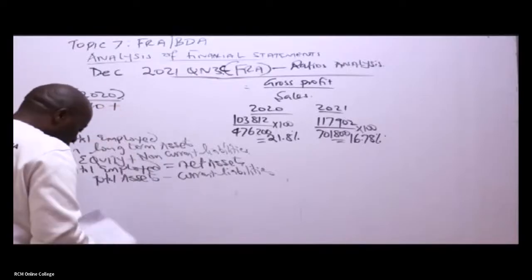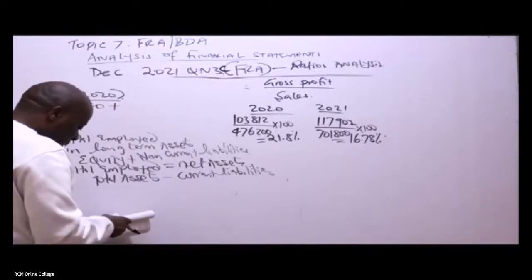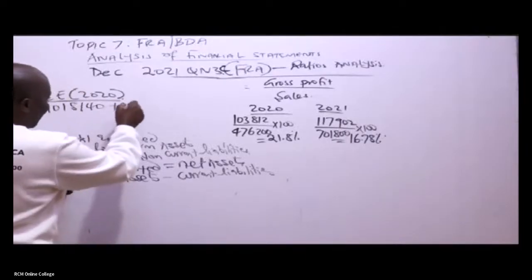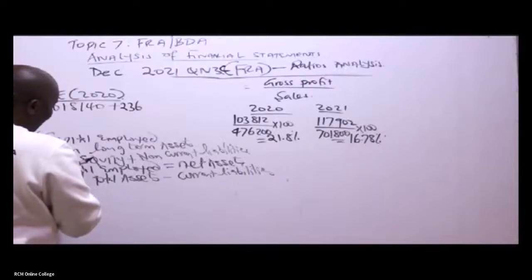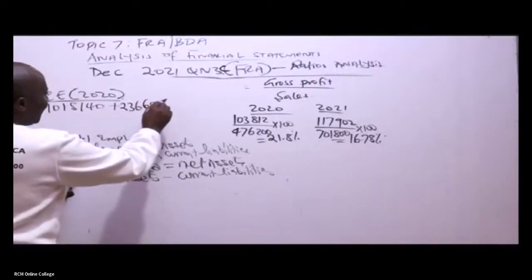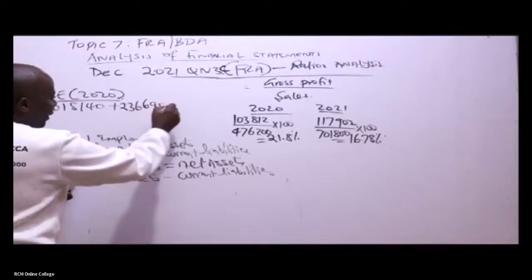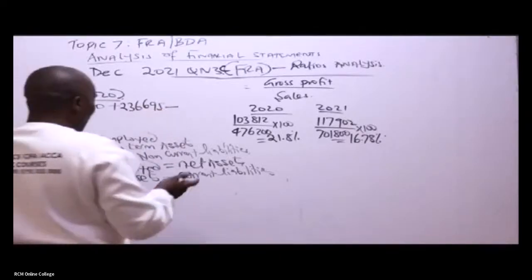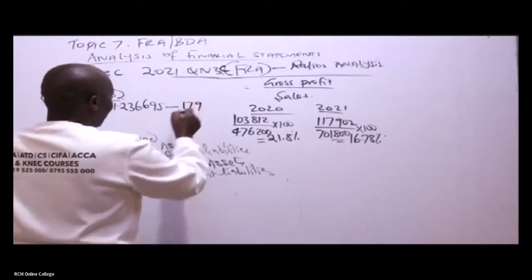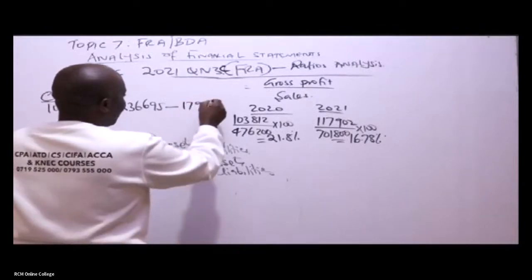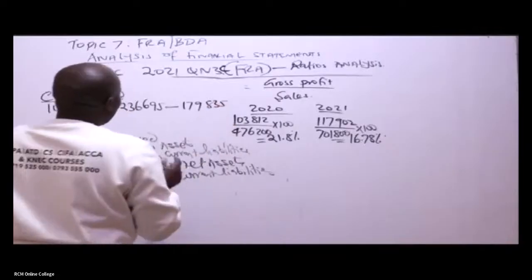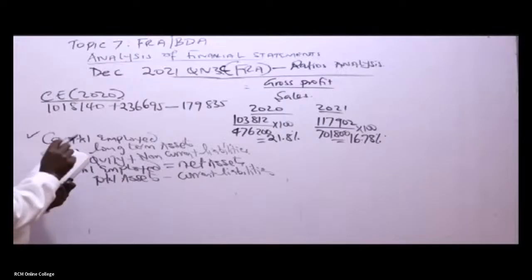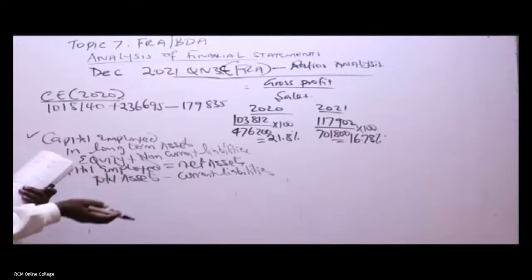Plus, we have other assets called current assets. The current assets for 2020, I can see they're coming to 236,695. So these are total assets. We take away the current liabilities, which are 179,835. That way you will have gotten your capital employed for 2020.